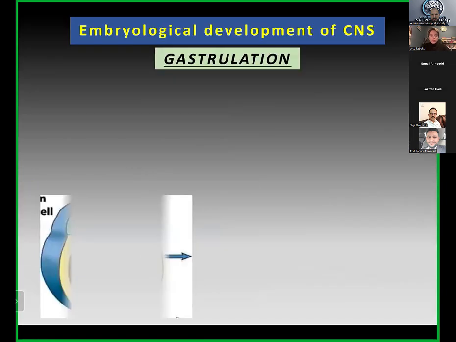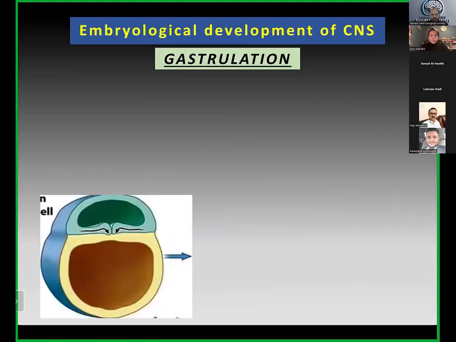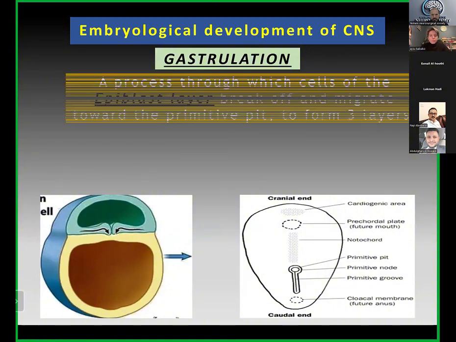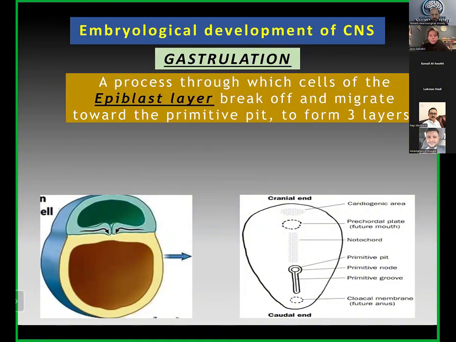After the development of the primitive streak, primitive node and primitive pit, there is a process which is very important in the development of the embryo, called gastrulation. Gastrulation is the process through which the cells of the epiblast layer break off and migrate toward the primitive pit to form three layers.